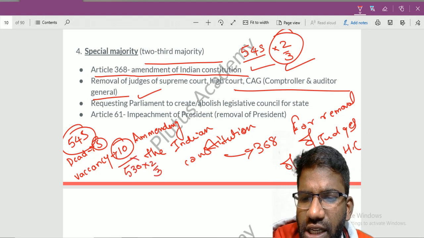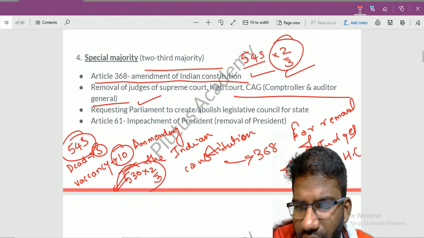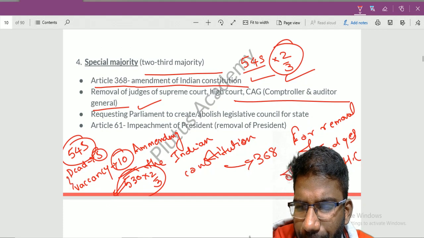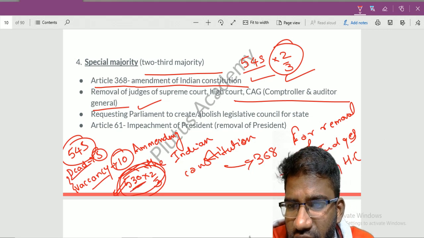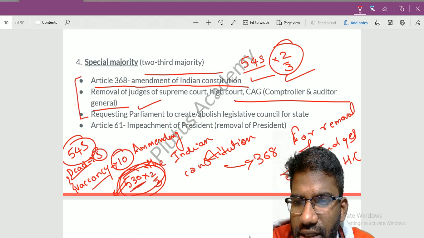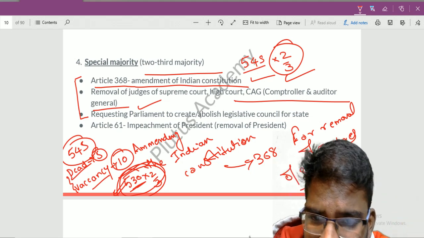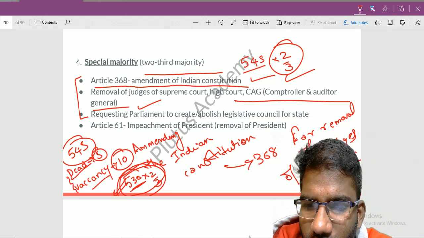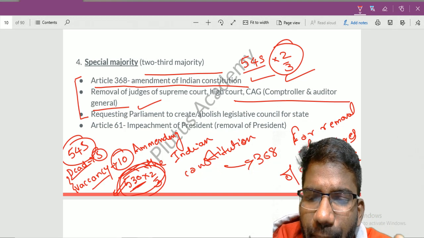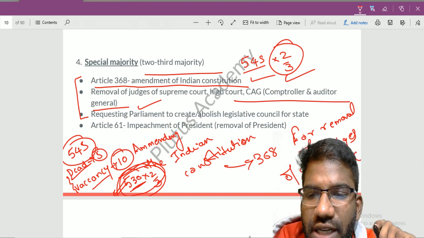We take 2/3 of this 530. In this kind of special majority, apart from the dead and vacant seats, the rest of the members are counted. That is 2/3 of 530. This kind of majority is used only in the first three cases: amending the Indian Constitution, removal of judges of the Supreme Court and High Court and the Comptroller and Auditor General, and requesting Parliament to abolish or create a state legislative council.